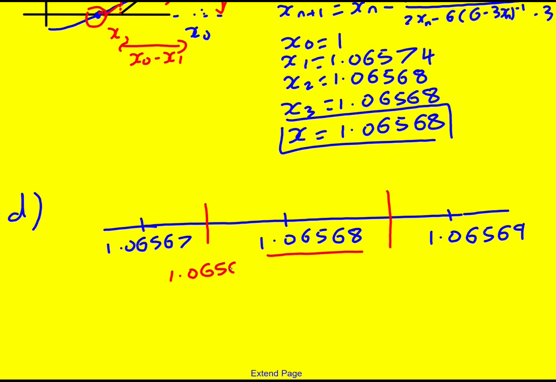1.065675, that's the midpoint between them, and then 1.065685. Because if we can get a sign change between these two, then we know the root is between these two. And if it is, then it's definitely going to round up from this direction or down from this direction.